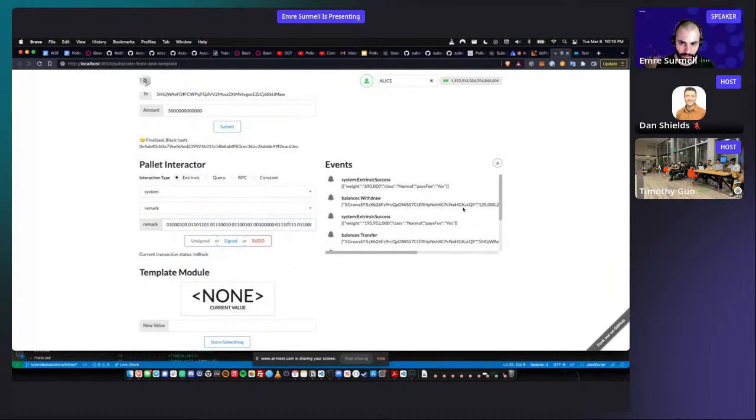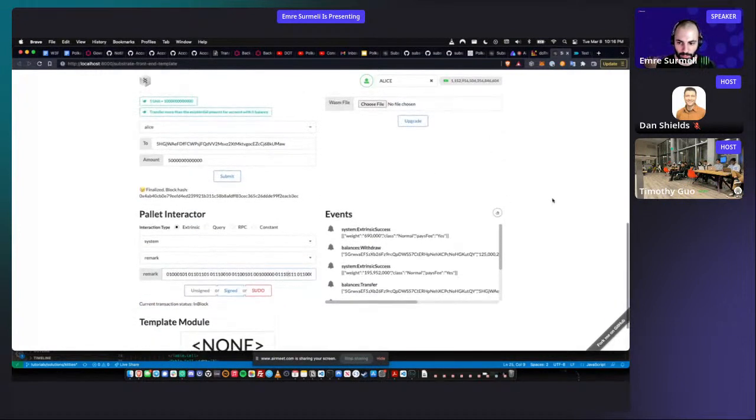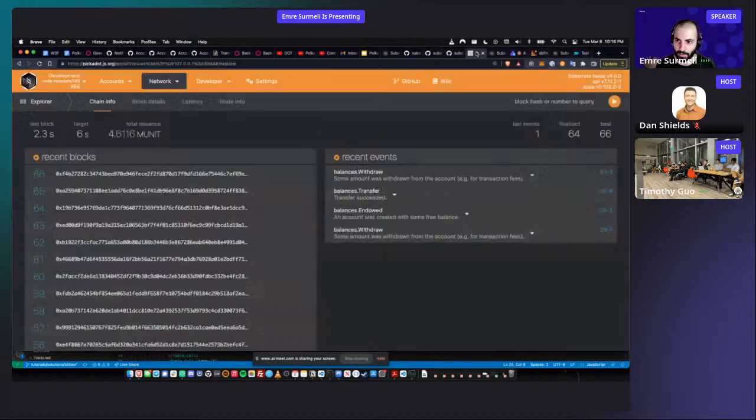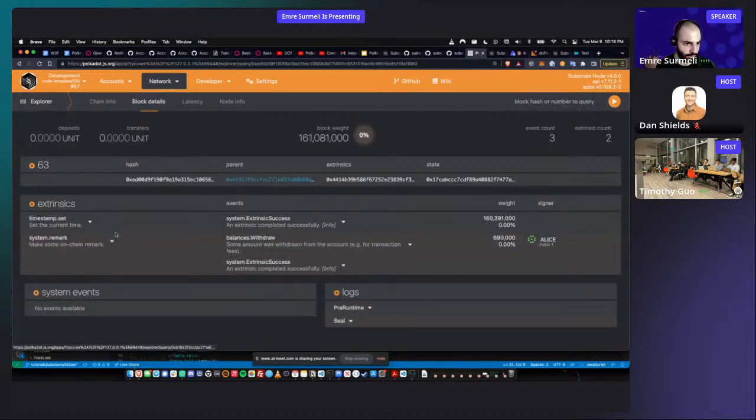And what I would like to show you is using the Polkadot.js UI. It's very easy for us to see by taking the block hash, which is the unique identifier of the block. We can query the block to see all the things. So function calls, right? These things that are called extrinsics on Substrate are function calls.